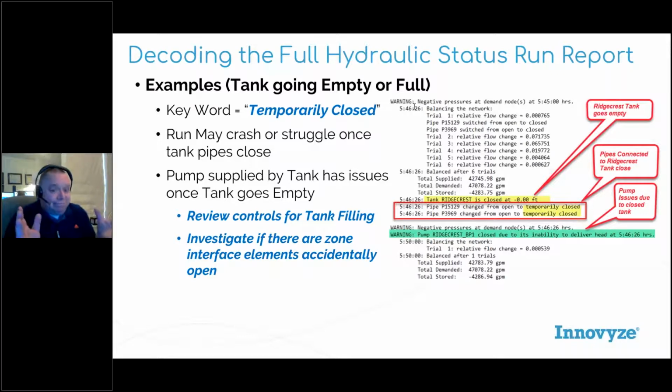But if it's going empty, what's supposed to fill it? Did I forget to put a control in? Sometimes that happens. Or, hey, I put in a control and it's just set up so it's not working. I'll talk about some examples of control issues and common things in a minute, but that's an example of something that you see a lot and can cause a model to crash.